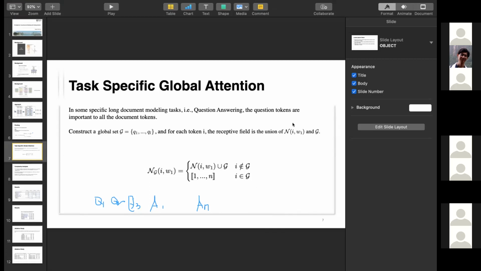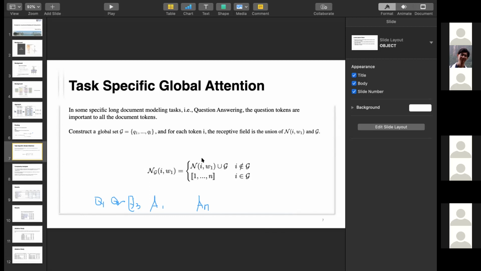So they have a task-specific global attention. They want to construct a global set, Q1 to QL. For each token in such a set, the receptive field is the union of IW1 and G. And here I didn't understand the N notation. Would you please be more specific about that?